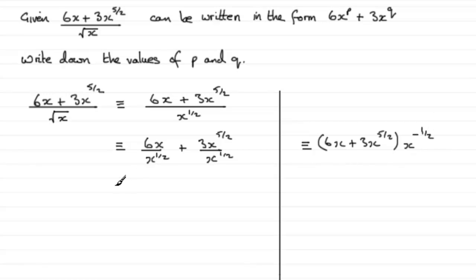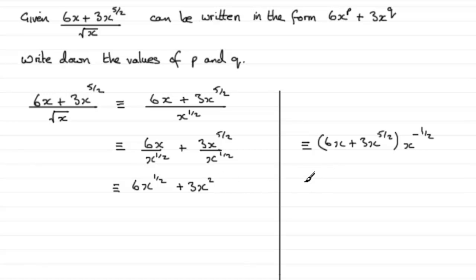Now, both versions should lead to exactly the same result. If we take this one, remember that when you're dividing, you subtract the powers. This is x to the power 1 over x to the power half, so if you subtract the powers you get 6x^(1/2).